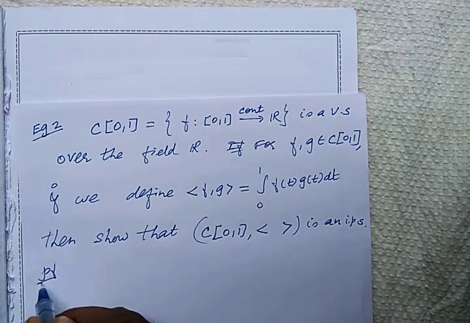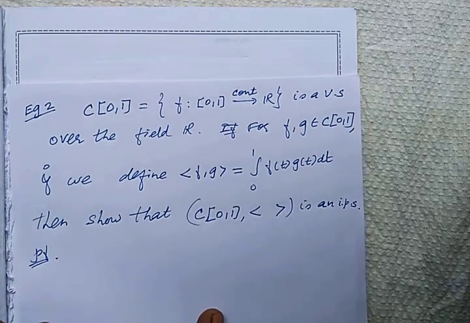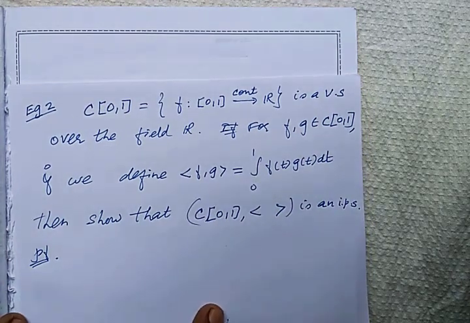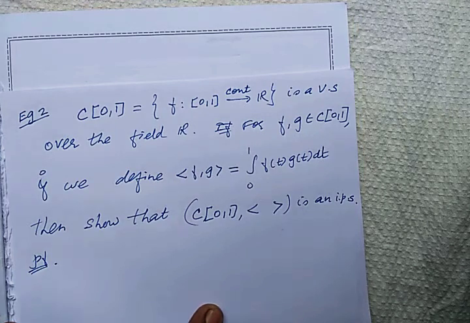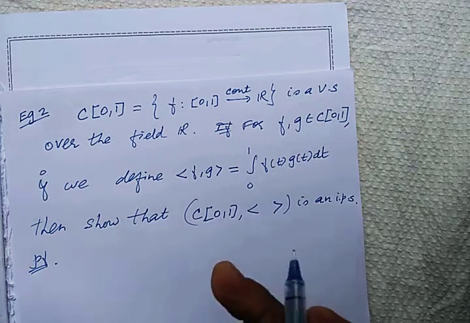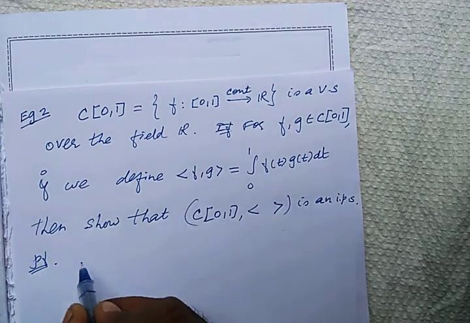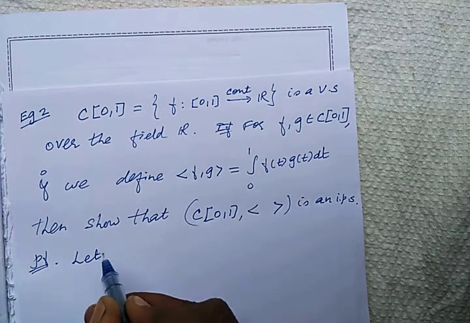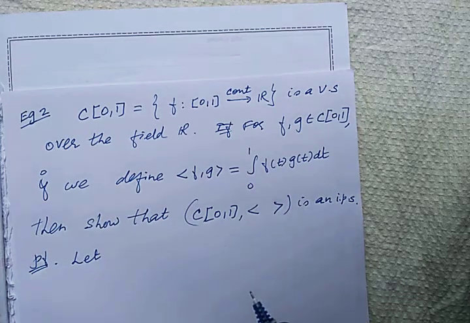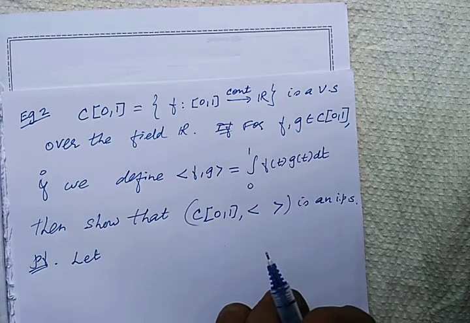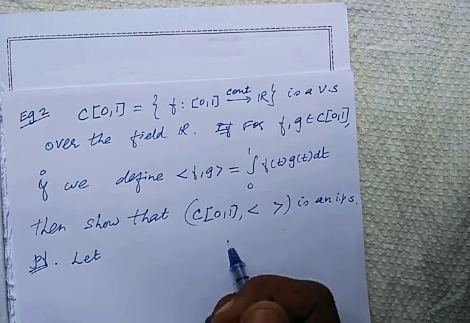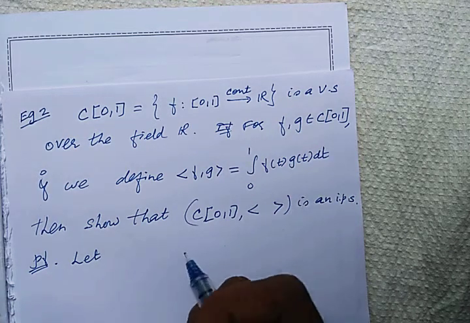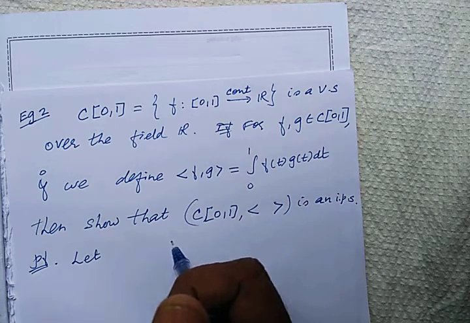So, proof. First of all, we have to show that those 4 conditions hold for this inner product. Usually we take x, y, z in the vector space V and a constant from the field of scalars.